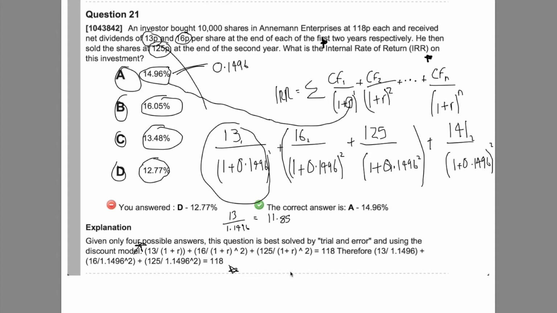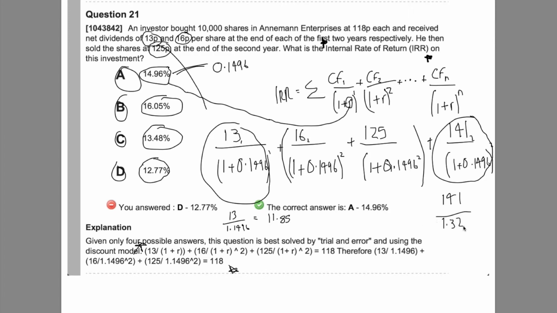Now what we need to do is add up this little bit here. We have 1.1496, and then we square that, and that gives us 1.32 to 2 decimal places, and we'll also have 141 on the numerator.